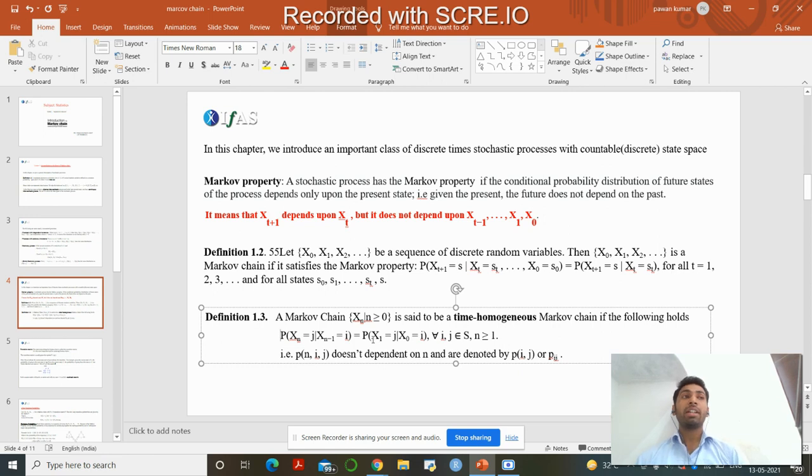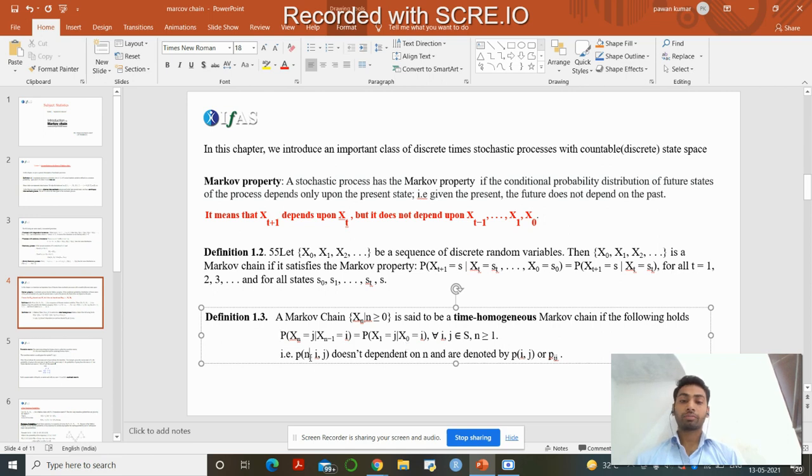This means it does not depend on time or on which state you are in. Similarly, the probability of X n minus 1 equal to j given X n minus 2 equal to i is the same as the probability of X 1 equal to j given X 0 equal to i. All have the same probability. It does not depend on time.